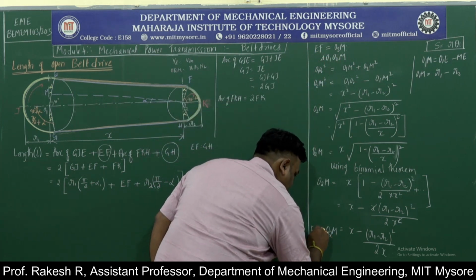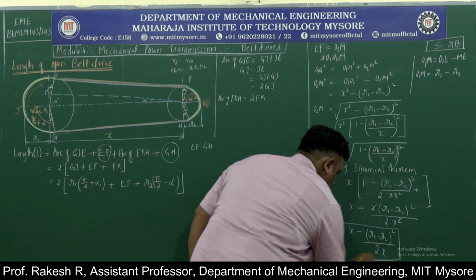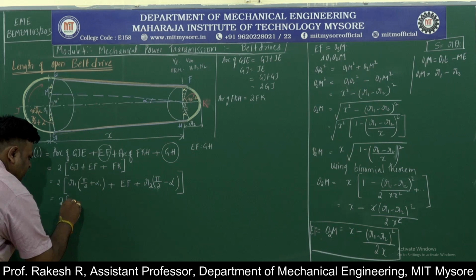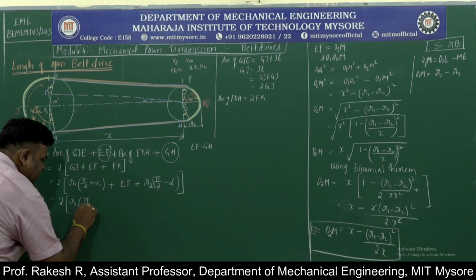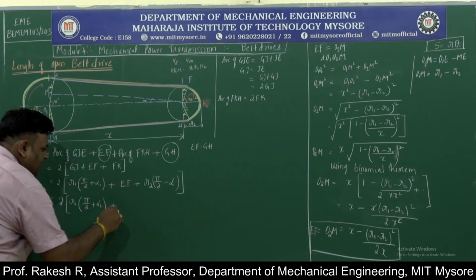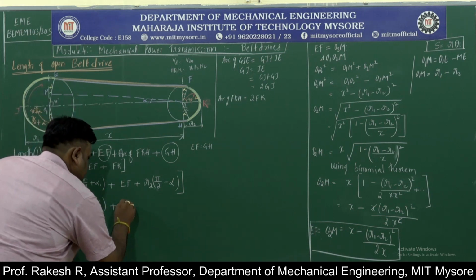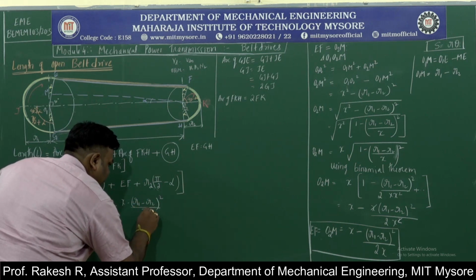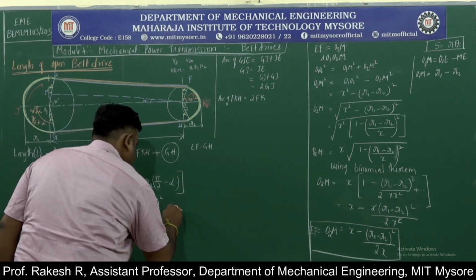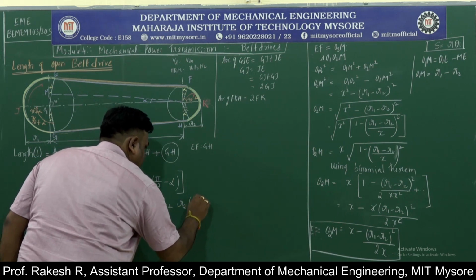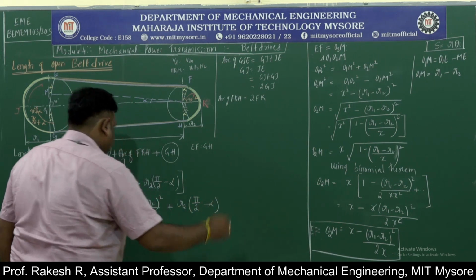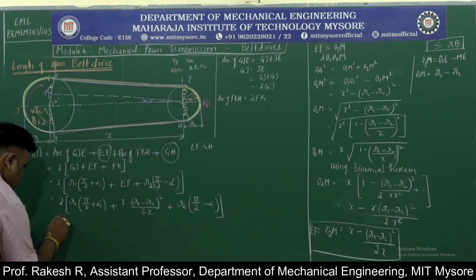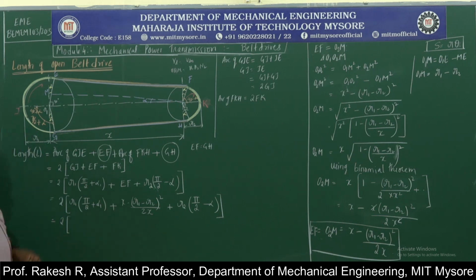So I will substitute the value of EF in this equation: 2 into R1 pi by 2 plus alpha 1 plus EF, x minus R1 minus R2 whole square divided by 2x, plus R2 into pi by 2 minus alpha. So what I will do is 2 I will take outside, it is as it is.